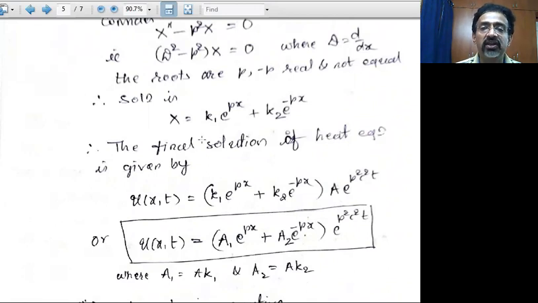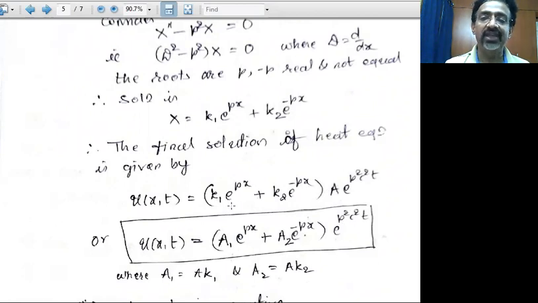Therefore, for the final solution, I got X and I got T. So my solution is: U of x comma t is equal to k1 e raised to px plus k2 e raised to minus px, times T, which is A into e raised to p squared c squared t.